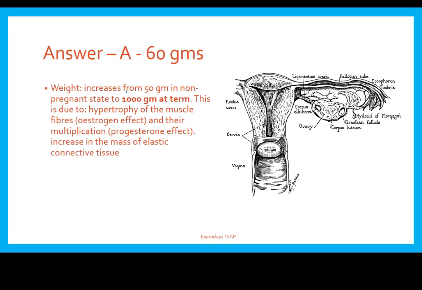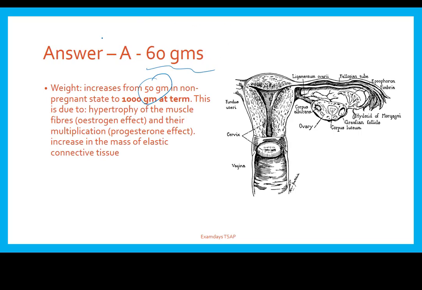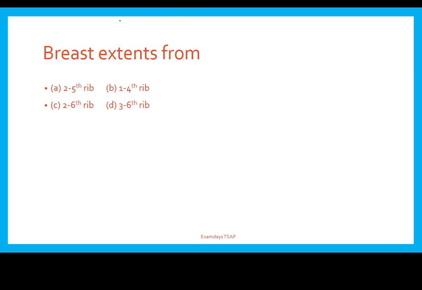This is due to hypertrophy of muscle fibers and their multiplication, and an increase in the mass of the elastic connective tissue. So it starts at approximately 50 grams, and the average weight of a nulligravid uterus is 60 grams. Moving on to the next question.